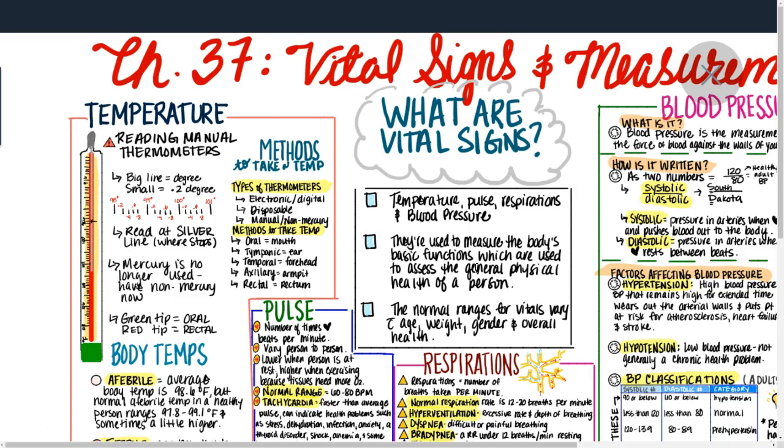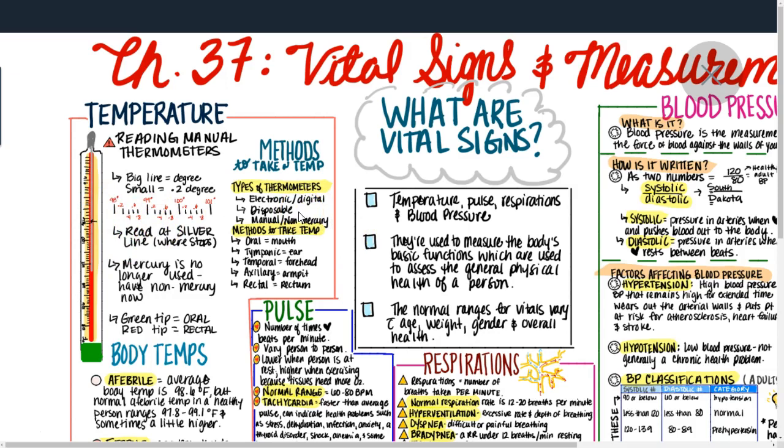There are also manual thermometers. We use non-mercury manual thermometers now, and that's what this little illustration that I drew over here is. It's kind of sloppy, sorry about that, but I will explain how to read those in just a second. And then there are disposable thermometers also.